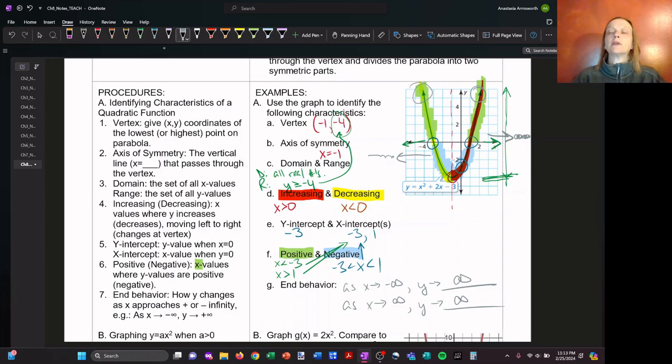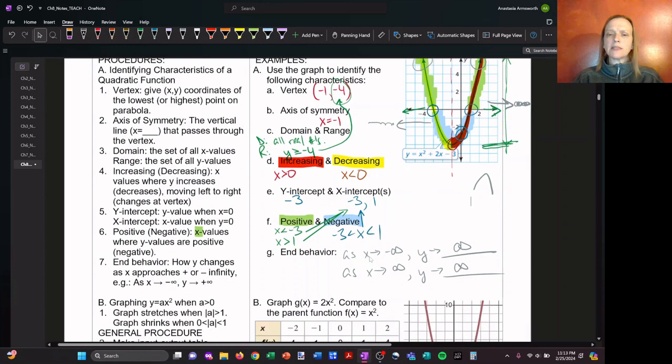Of course, the values will be different for different parabolas, and if your parabola opens downwards, then for end behavior, y will approach negative infinity in both the negative x direction and the positive x direction.